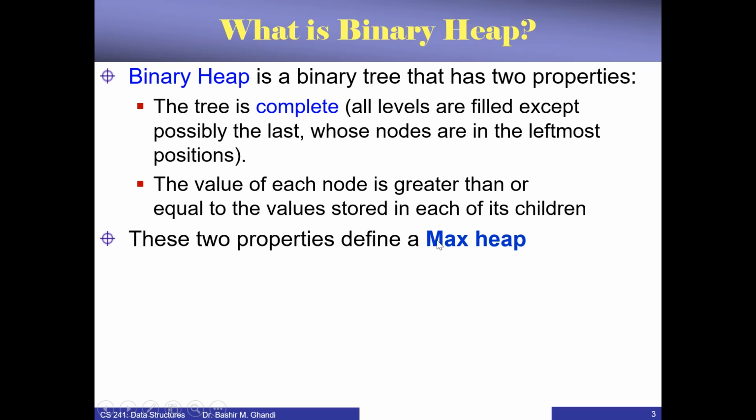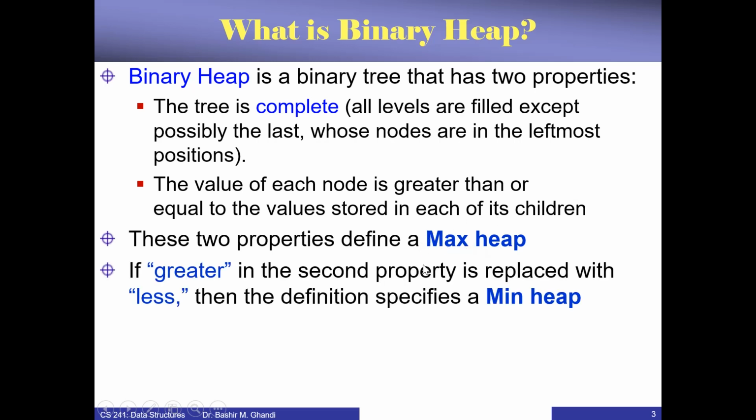That is, the parent is always greater. If you replace greater in the second property with less, so the value in each node is less than or equal to the value stored in the children, then you have the other type of binary heap called min heap.